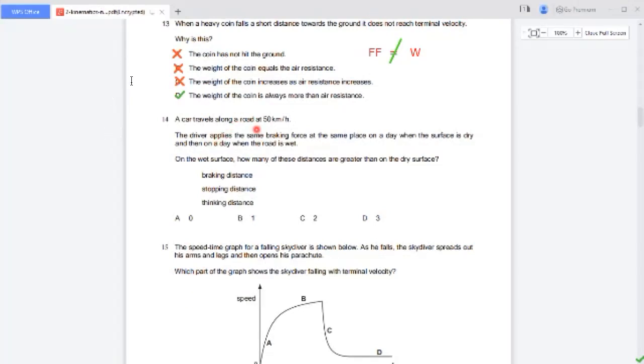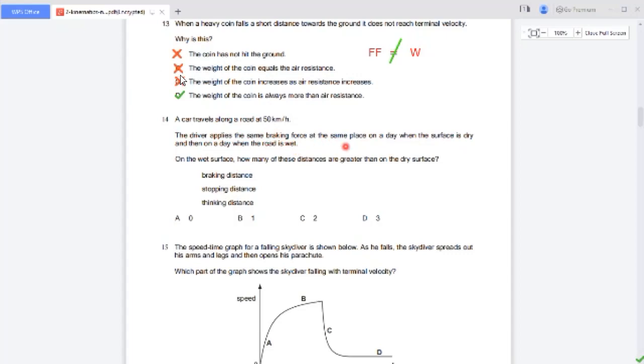Now question number 14. A car travels along a road at 50 km per hour. The driver applies the same braking force at the same place on a day when the surface is dry, and on a day when the road is wet.